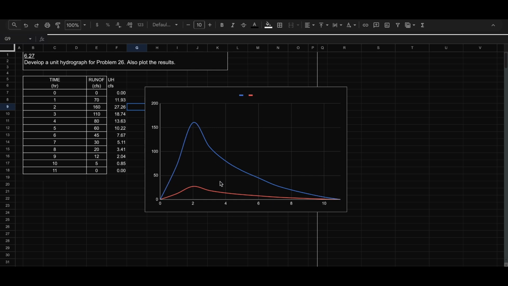Because you have the unit hydrograph, you multiply 3 inches by each single value here: 3 inches times 0, 3 inches times 11.93, and then you can plot the hydrograph for that storm. The unit hydrograph is like a template.